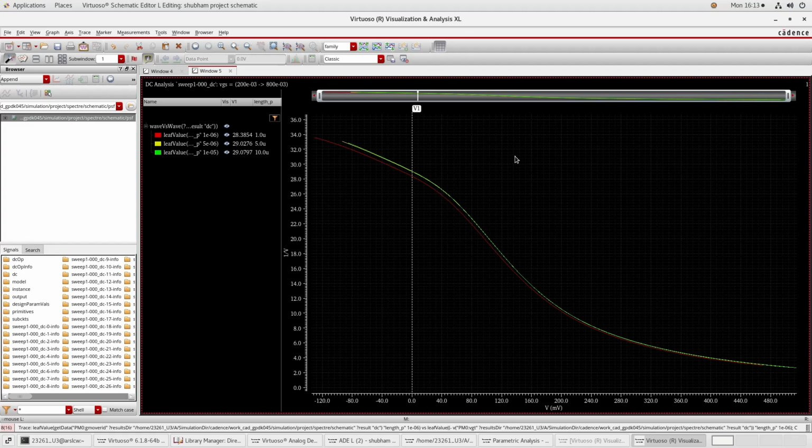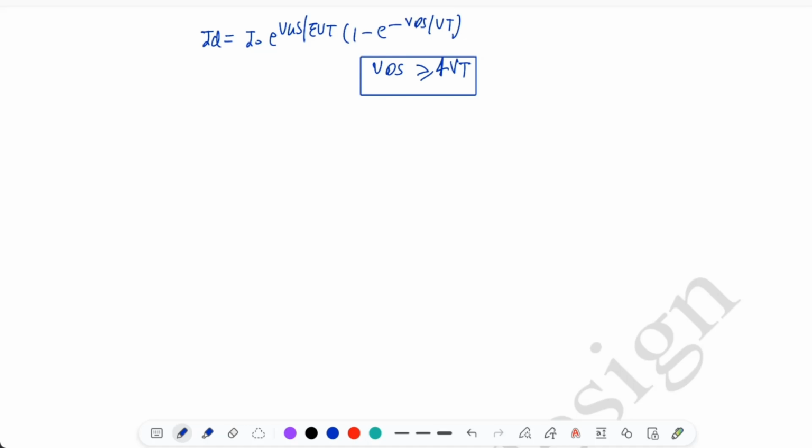How will we decide the moderate and strong inversion regions? For that, we know there is one equation: ID equals I0 e to the power VGS by zeta Vt, times one minus e to the power minus VDS by Vt. When VDS is greater than or equal to about 4 Vt, we say that our MOSFET is in strong inversion, or it will follow the square law.